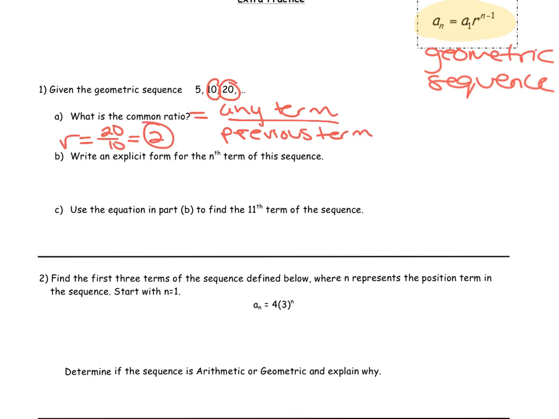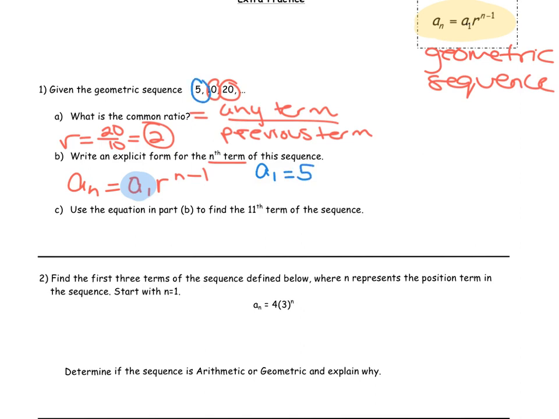We next need to come up with that explicit formula for the nth term of the sequence. So remember, this is our original formula. And now we're going to plug in and leave n alone. Do not replace n with anything. So first things first, of things we can replace, we know a sub 1 is equal to 5.